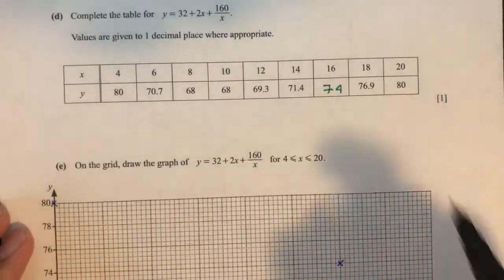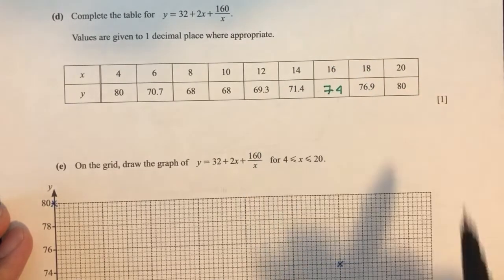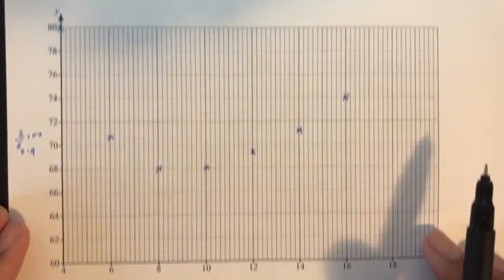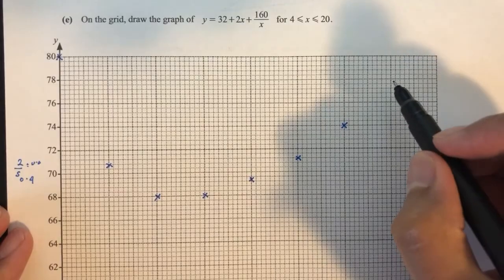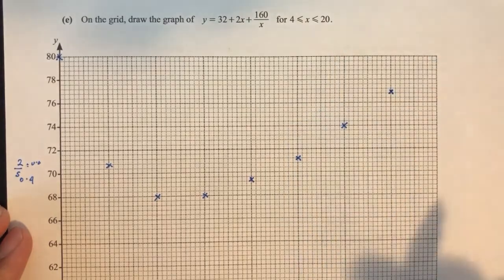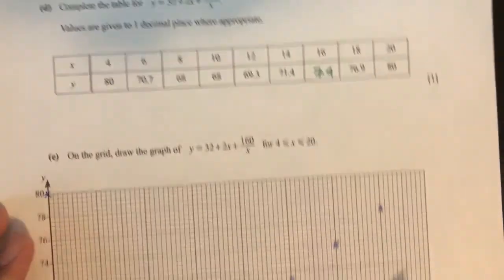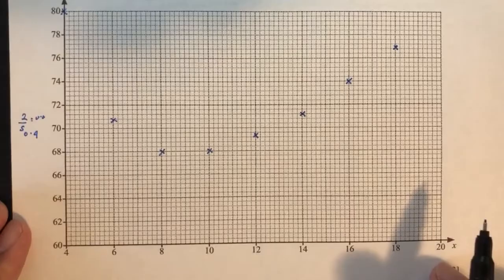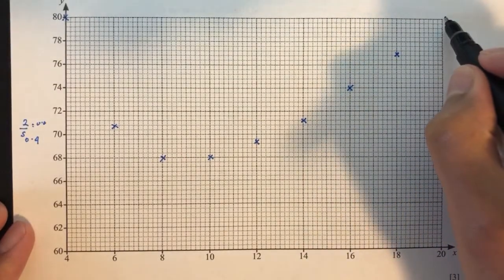And 18 will be 76.9. 76.9 will be, that's 77, so it'll be about here. And the last one will be 20, 80. So 20 will be 80, the top one.